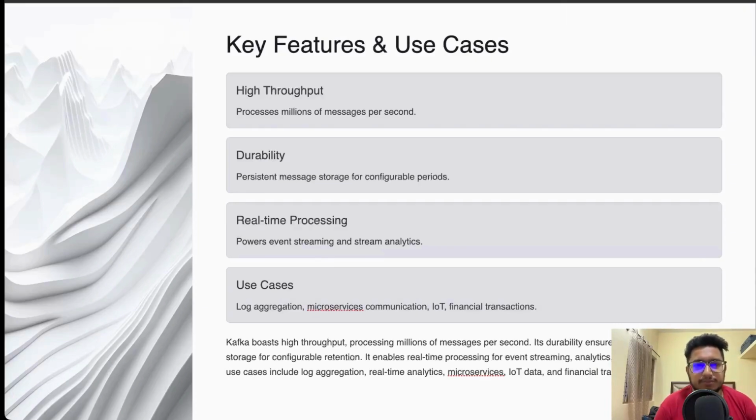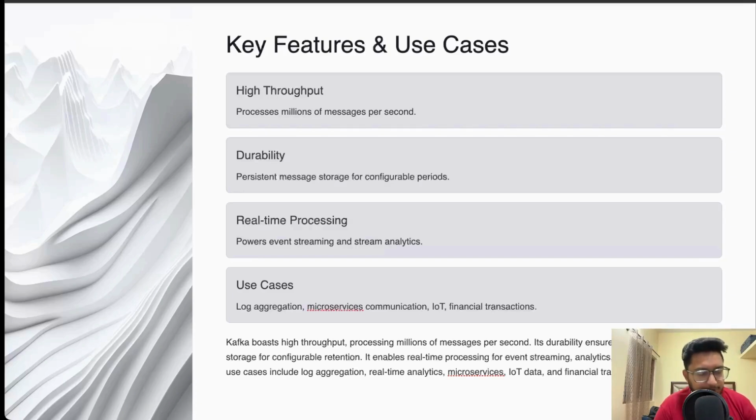Yeah, so some key features and use cases. Suppose you want a high throughput application which can process millions of messages per second. Then we can have Kafka in place. And durability: messages persist in storage for configured periods, like we can have retention policies, such as log retention policy, for Apache Kafka. It processes the data in real time.